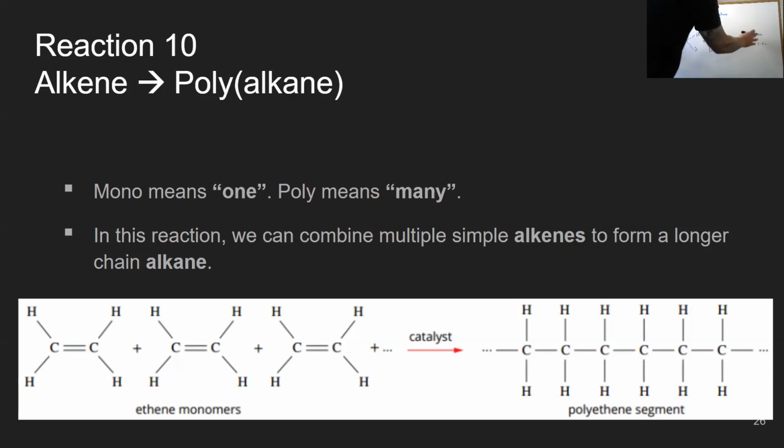It just becomes an alkane, single bonds all the way around. It goes from monomers to a long single chain of alkanes or saturated hydrocarbons. So you'll know polystyrene, polyethylene. Poly equals many. So this polyalkane is made up of many alkene monomers.